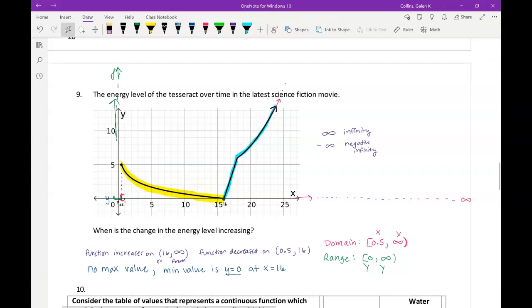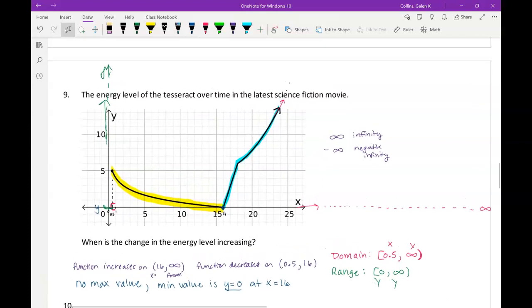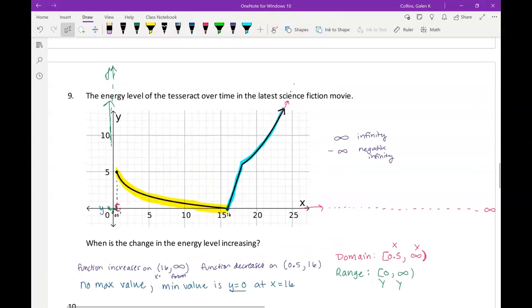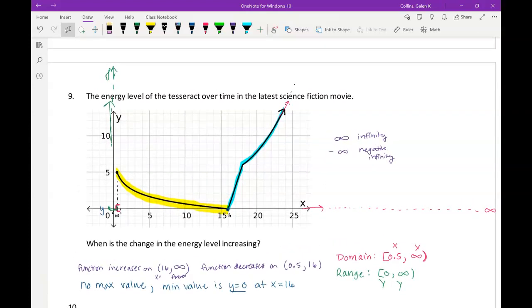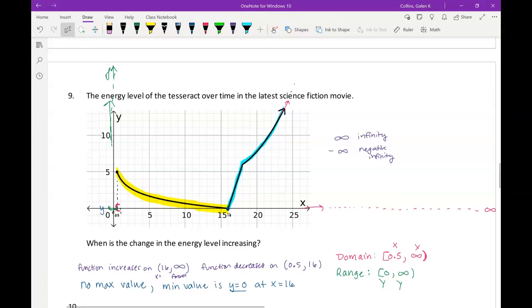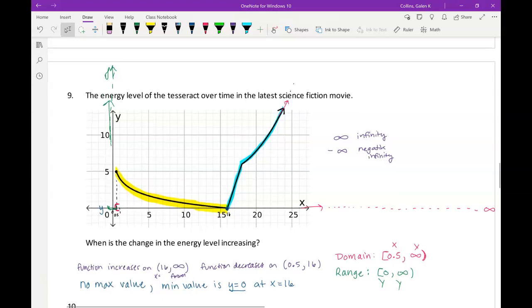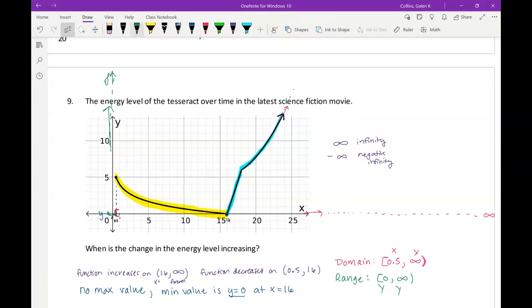All right, lastly, when is the change in the energy level increasing? Ooh, I don't like the way that's worded. We're told this is the energy level over time. So on the y-axis, this is energy level. Our x-axis is time.